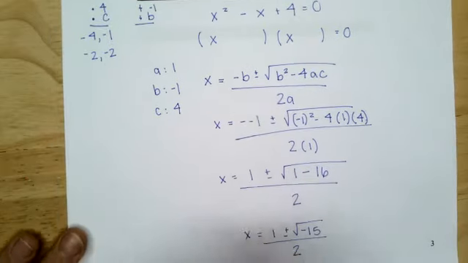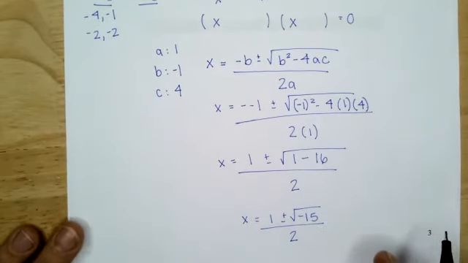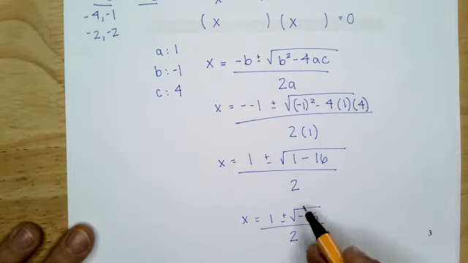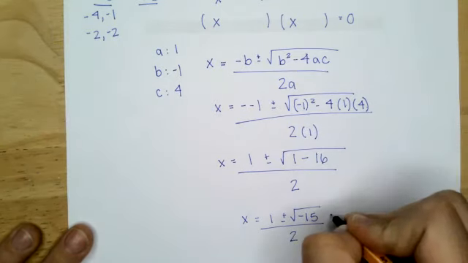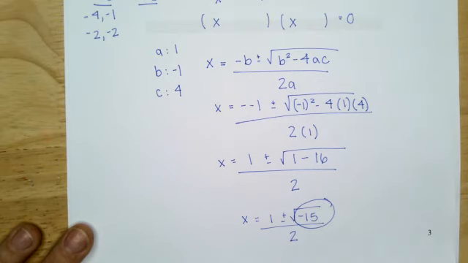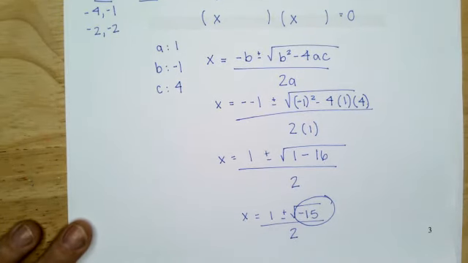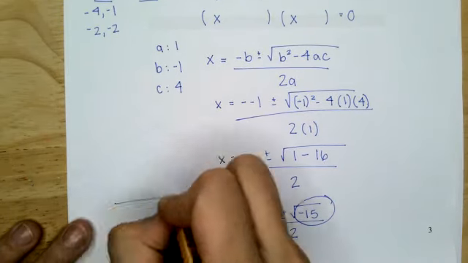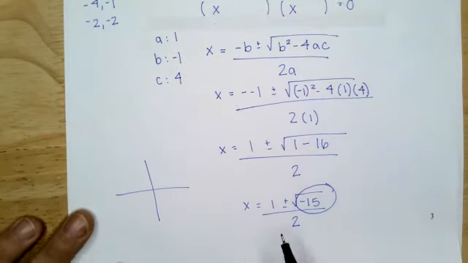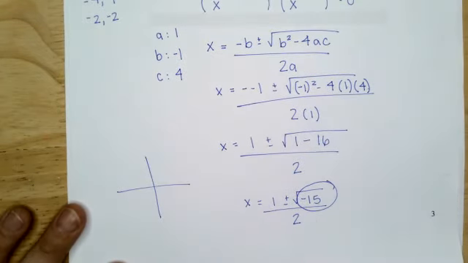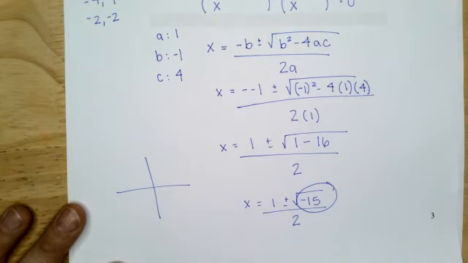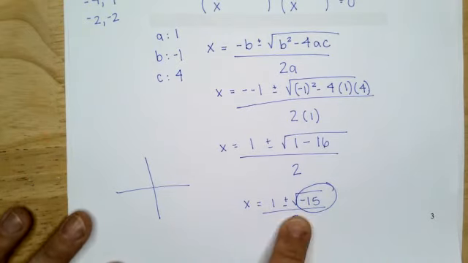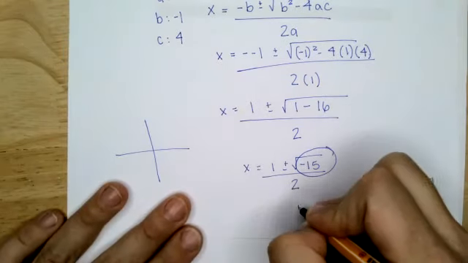However, because we're talking about graphing systems, this imaginary number does not exist on the graph. The graph of x and y only has real numbers on it. The square root of -15 is not a real number. It's an imaginary number because it's a negative under the radical. So when you get here, you can just stop and say there is no solution.